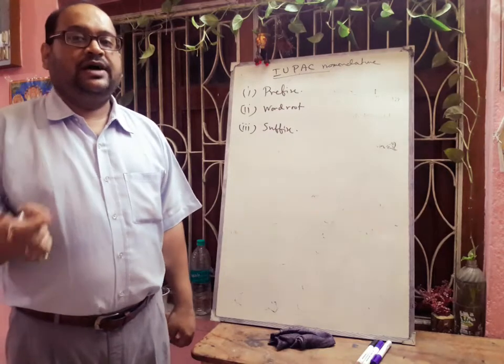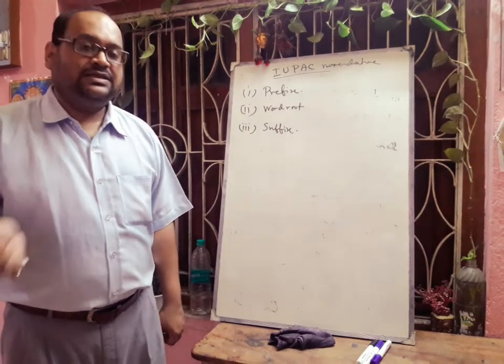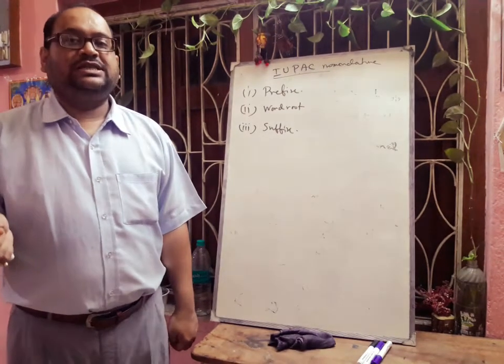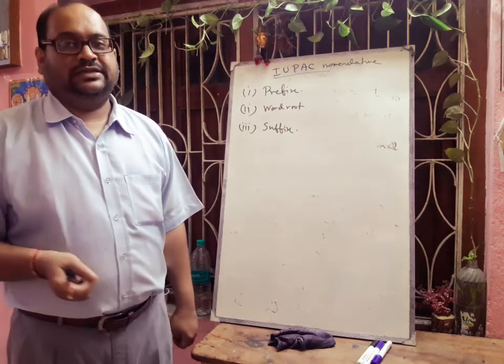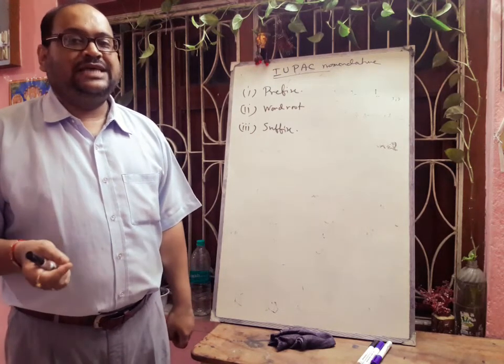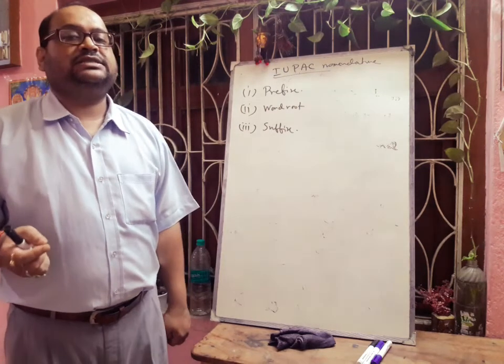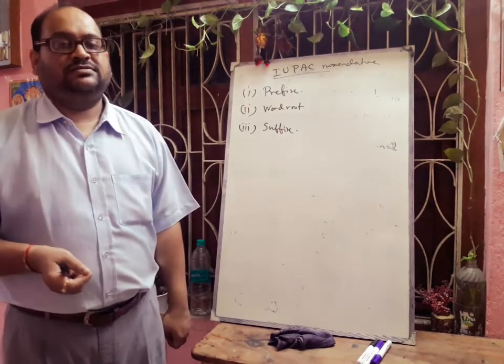The other functional groups will be considered as substituents, like side chains. The prefixes are added before the word root to indicate the nature of the side chains or substituents attached to the parent chain.